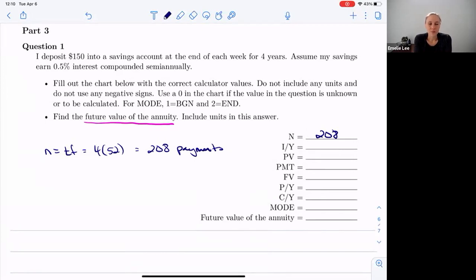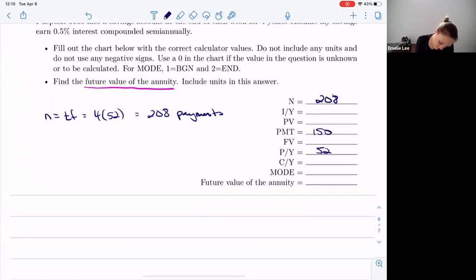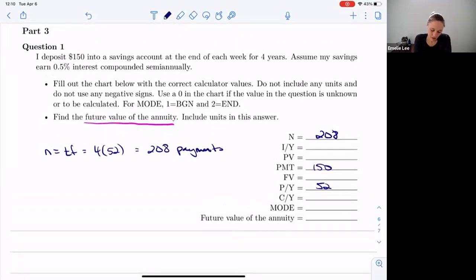Okay, so now that the N is done, then I can just kind of read through here. The payment amount is $150. At the end of each week, so my payment frequency is weekly, means I'm making 52 payments per year. And it's at the end of each week, so my mode has to match that. So my mode is 2. Okay. And my interest is 0.5%, right?